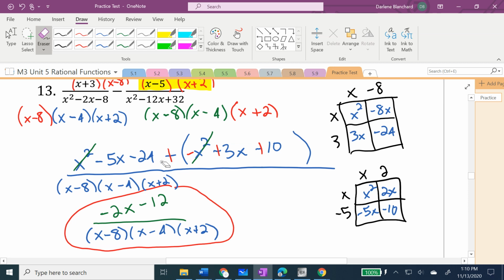Did anyone notice I did negative 24 plus 10, and negative 24 plus 10 is 14. Huh, there we go. So if you want, you can factor a negative 2 out, but I am not going to expect you to do that unless there is a cancellation to be had further down. Okay.